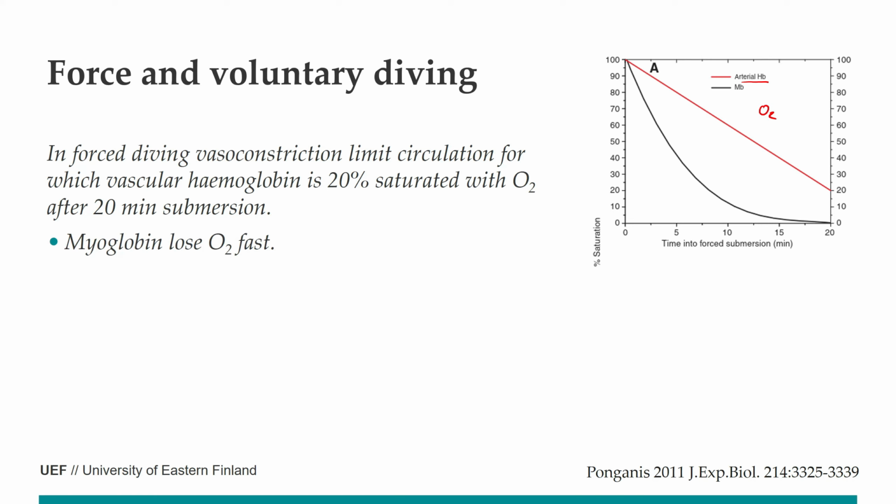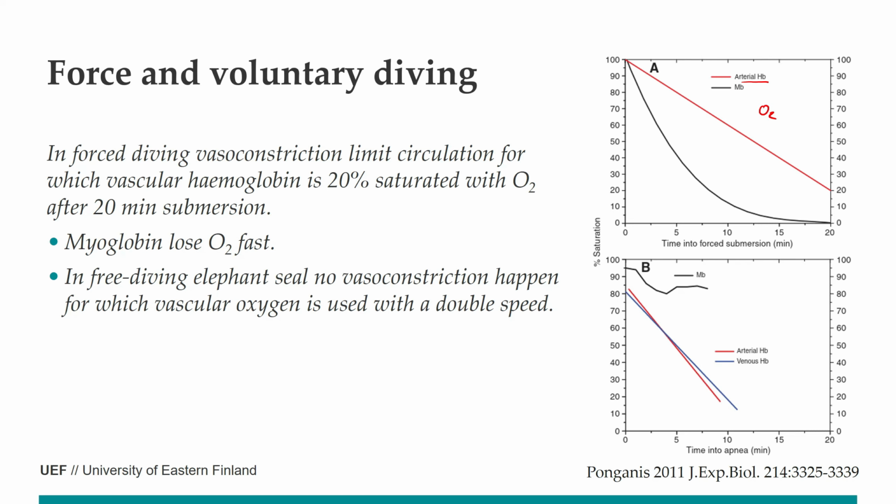So the myoglobin loses this oxygen fast. But then with these free-diving elephant seals, you can see that the oxygen in the hemoglobin of the arteries and the veins is reduced much faster, quite much at double speed.